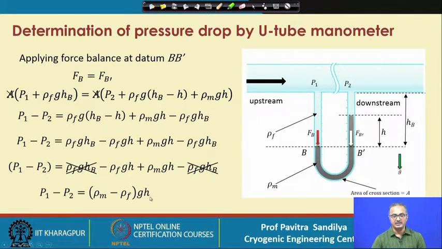So, once we know H, the density of the manometric liquid and the density of the process fluid, we can find out the pressure difference between the upstream and the downstream of the flowing fluid.